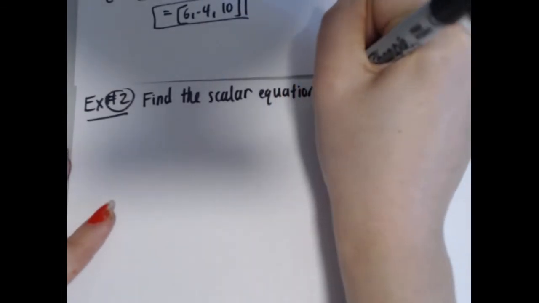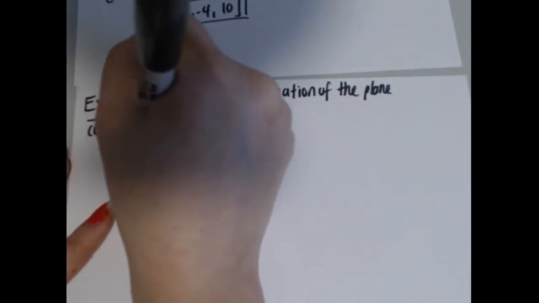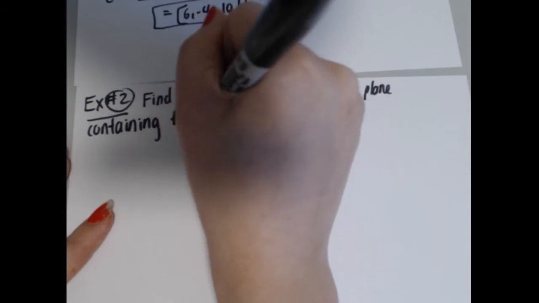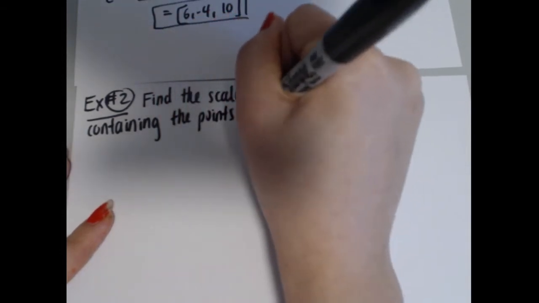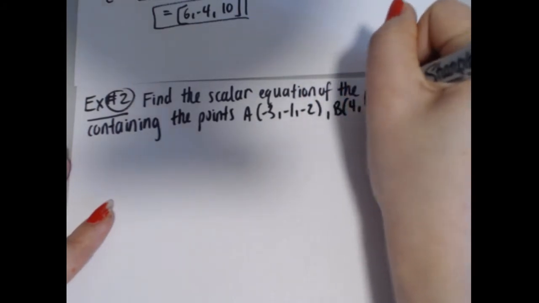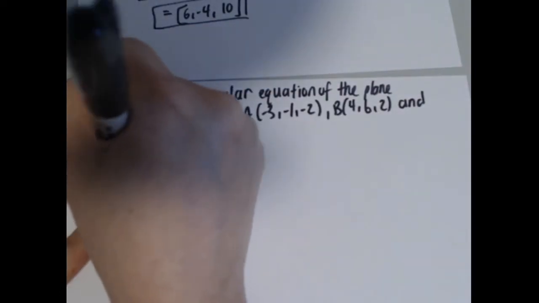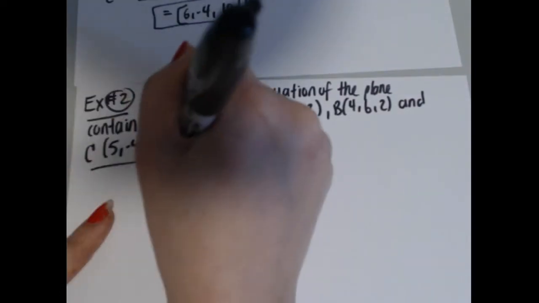Okay, find the scalar equation of the plane containing the points A, which is -3, -1, -2, B, which is 4, 6, 2, and C, which is 5, -4, 1.